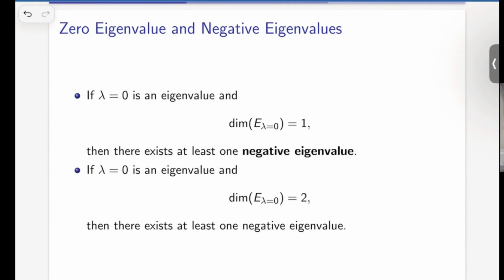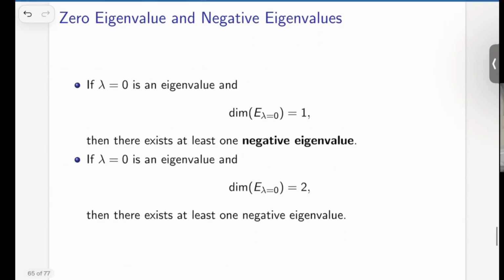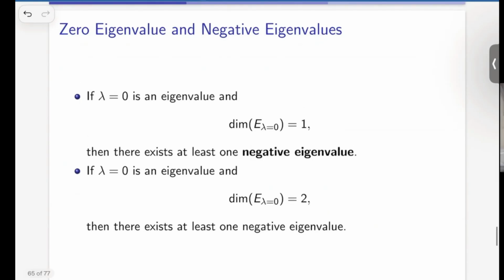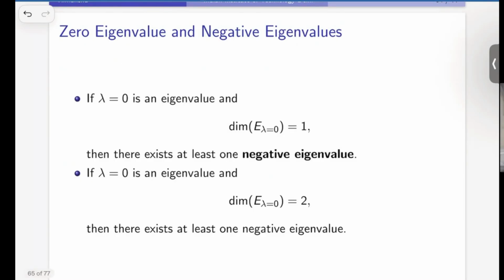So we don't have any other eigenvalue. I think there is some mistake here. Here I have written that there exists at least one negative eigenvalue.